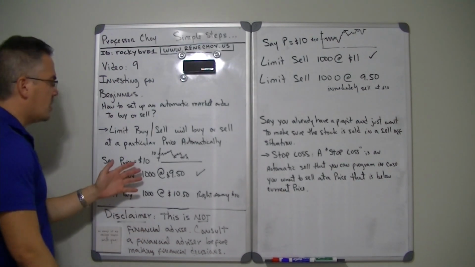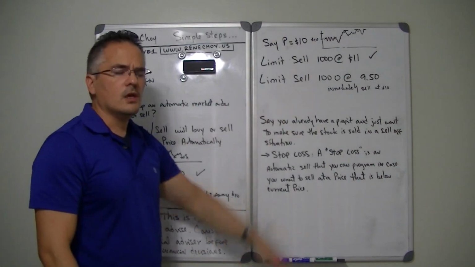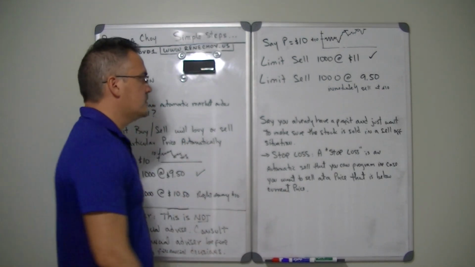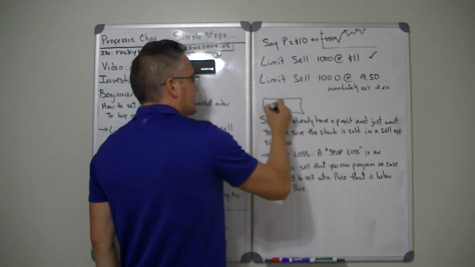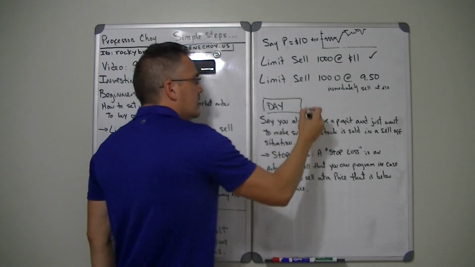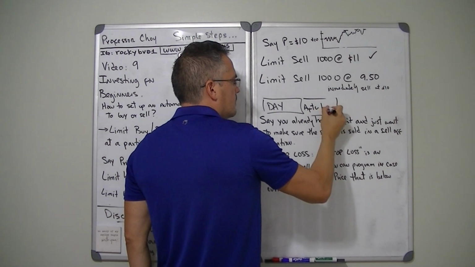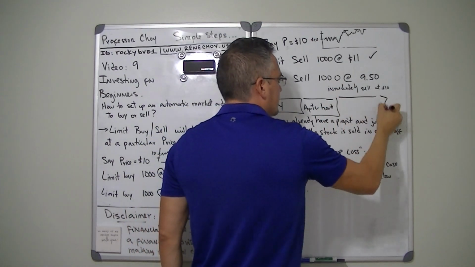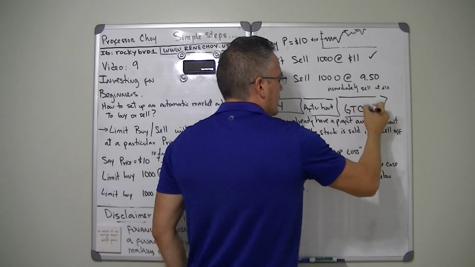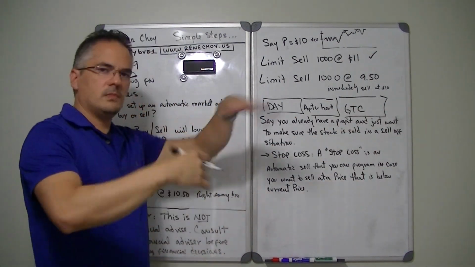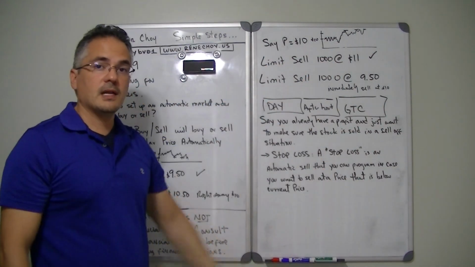Alright? Again, those are automatic orders. Now, you can set the automatic order to execute on the same day, so at some point there'll be a choice that says, do you want to put this for the day? Do you want to put this for after hours? Or do you want to put this GTC? GTC usually means good till cancel. In other words, you could leave it there forever and it will automatically execute.